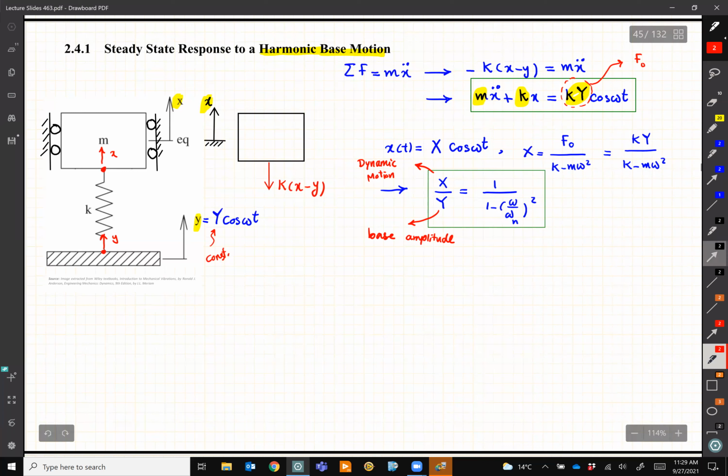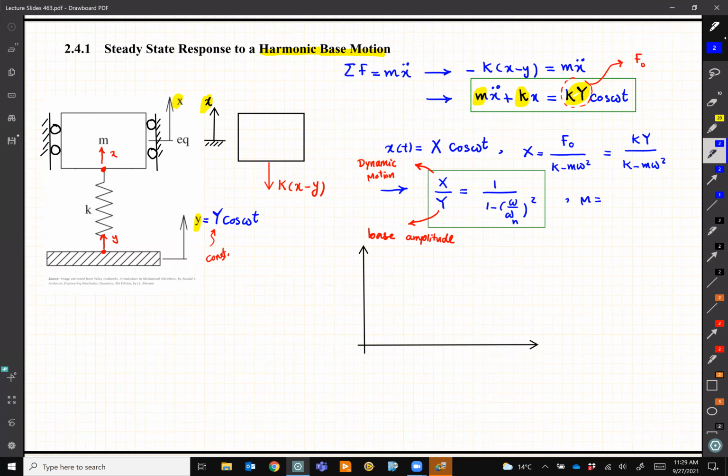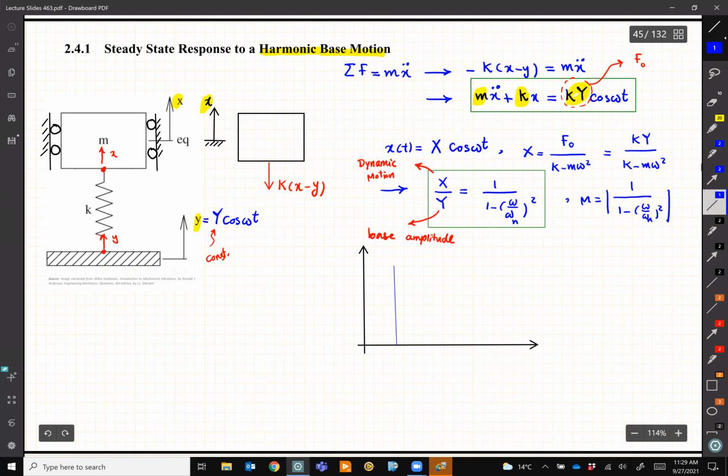So I can plot then these things. Let's do it over here. So we call again M, 1 over 1 minus omega over omega n squared. You know how it looks like. So I don't need to spend time on this one.